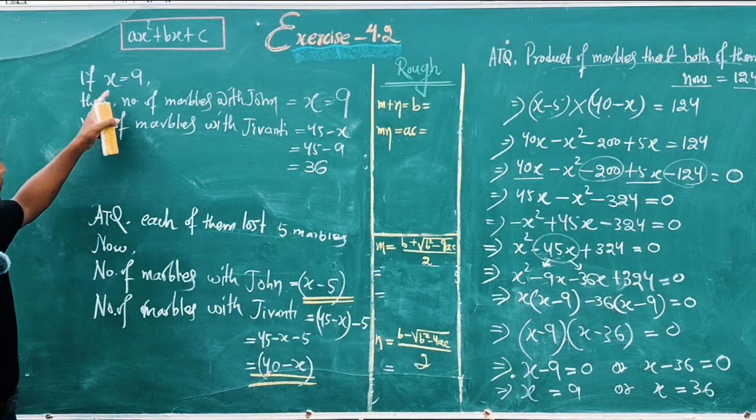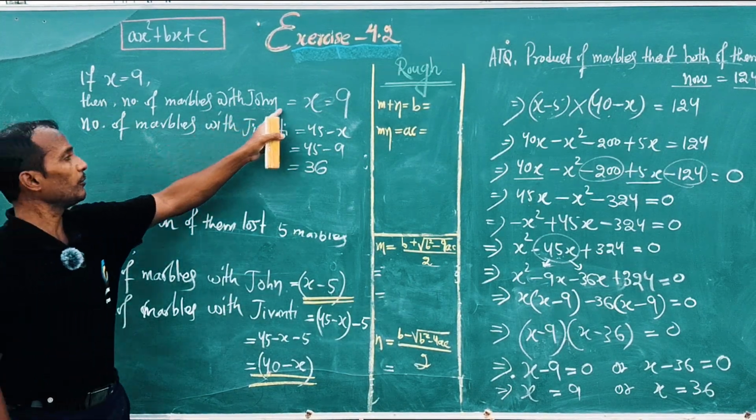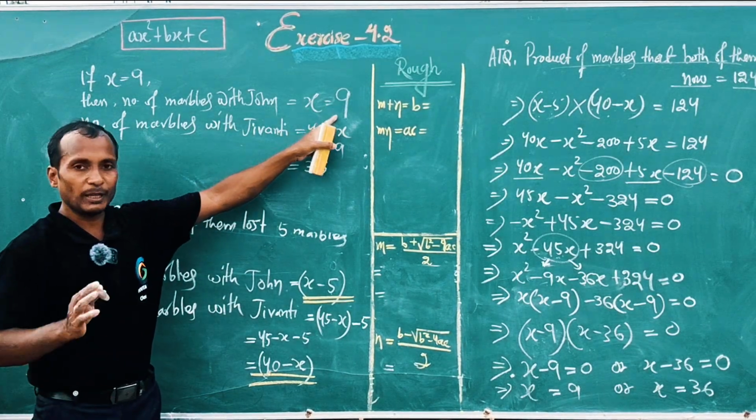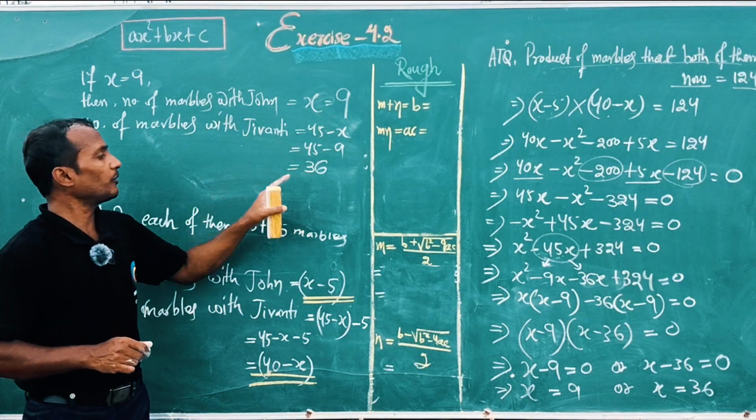Clear? So if we take x is equal to 9, the number of marbles with John was x, so 9 marbles John has, and the number of marbles with Jivanti is 36.